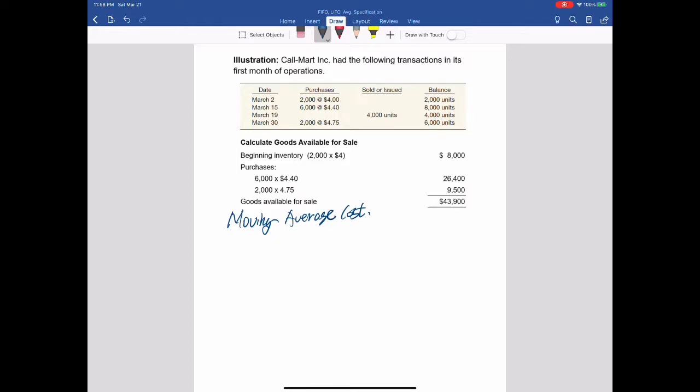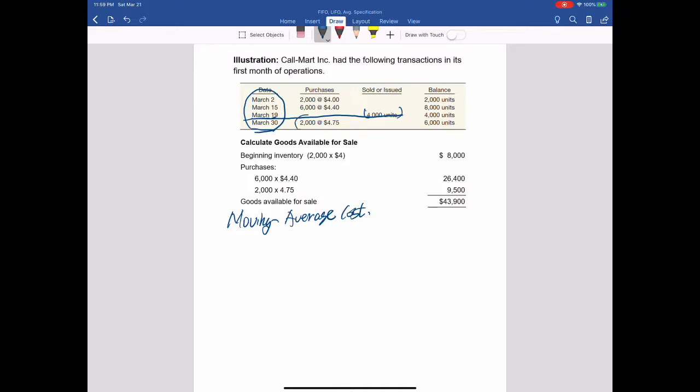cost. The difference between the moving average and the average cost I just introduced is what purchase we use to determine the average cost. Okay, let's take a look at the 4 dates. We know the sold happens on March 19th. In reality, on March 19th, when the firm sells 4,000 units, it has not made this purchase.